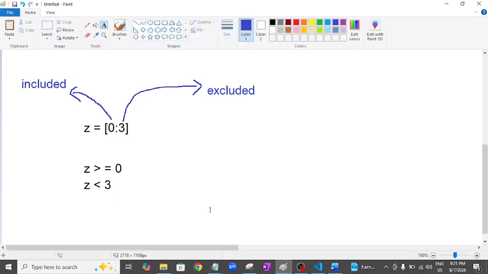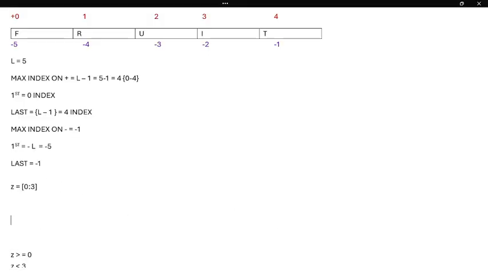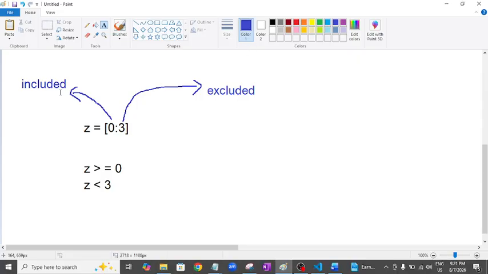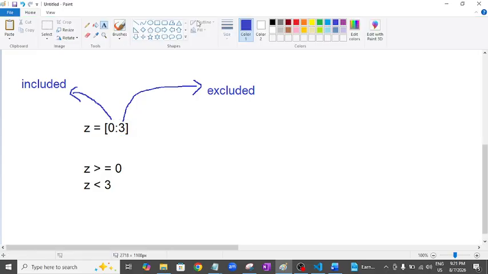Don't worry about the spelling. Included, excluded. It means, sir, 0 is included, but 3 is excluded. Hopefully, you are getting it.